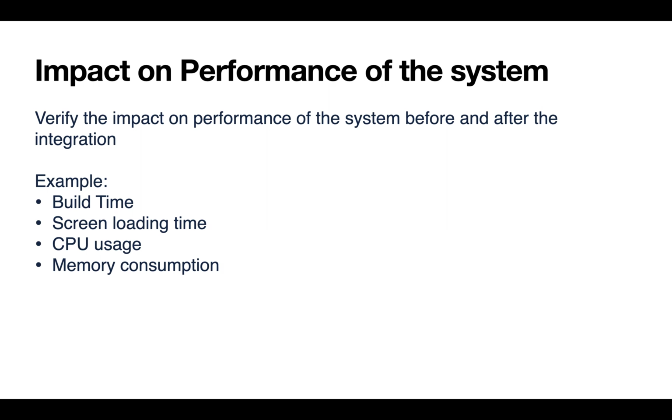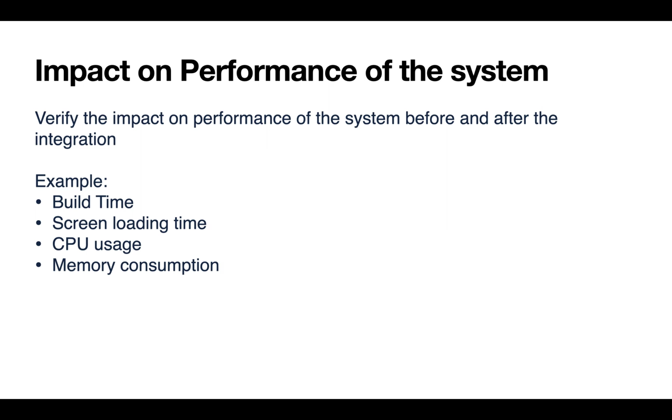Next is impact on performance of the overall system. So before integration of the library and after integration of the library, what is the impact on performance? Those things we need to verify. A few examples will be build time, whether that increased or decreased.